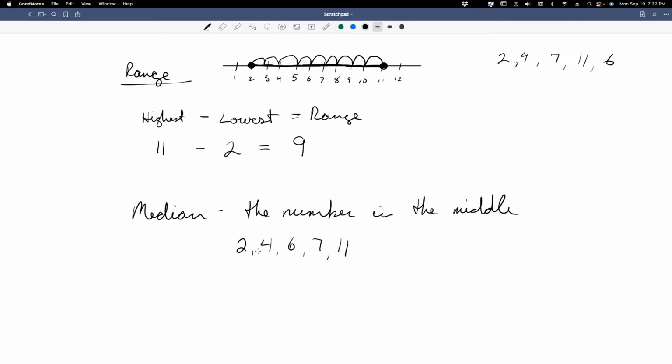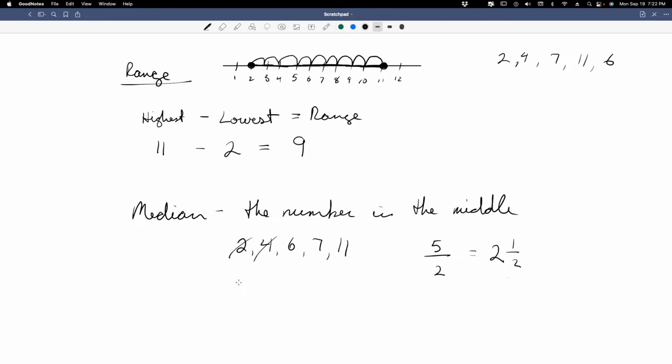And the way you find the number in the middle is by counting the number of numbers you have. We have 5, okay? 5 divided by 2 is equal to 2 and 1 left over. So we're going to take 2 off of each end and get to the one in the middle. So these 2 are gone, these 2 are gone, and this is the one in the middle.